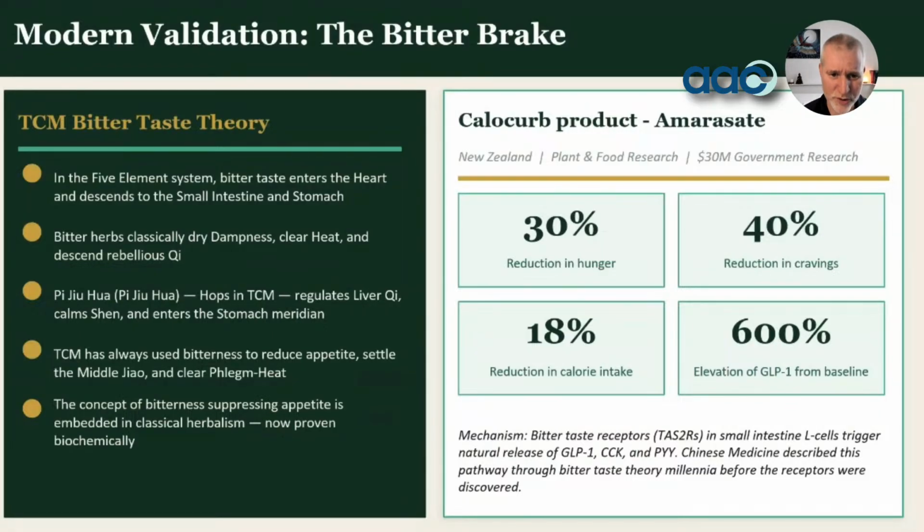They made a huge research that was supported by the Plant and Food Research Association with $30 million of government research. They looked at the mechanisms of the bitter taste.